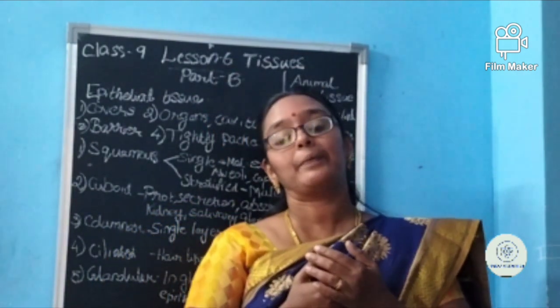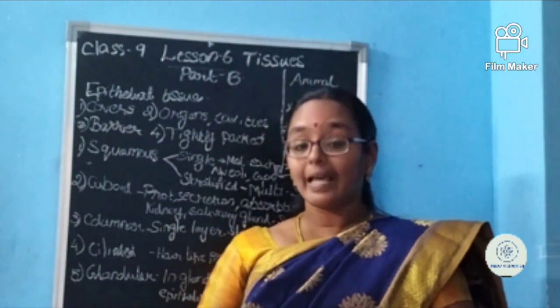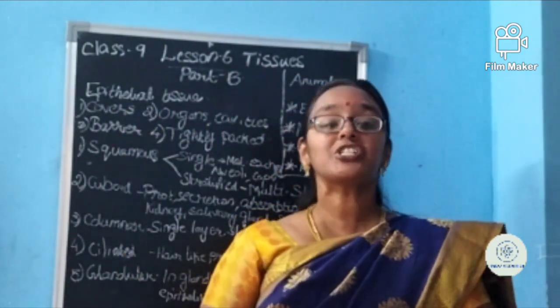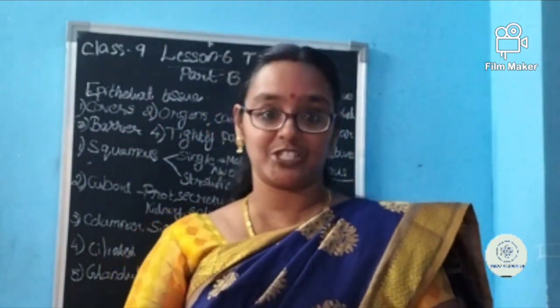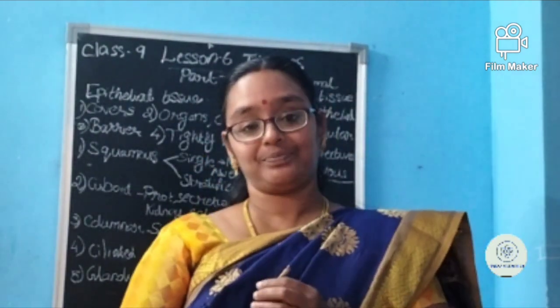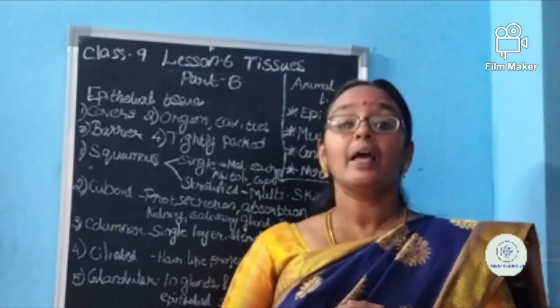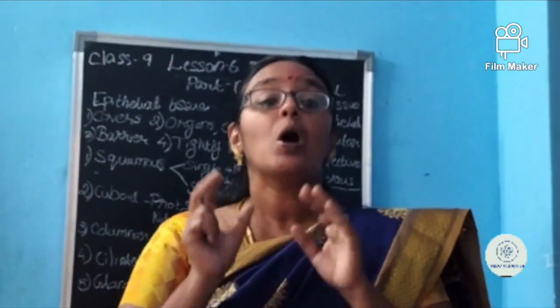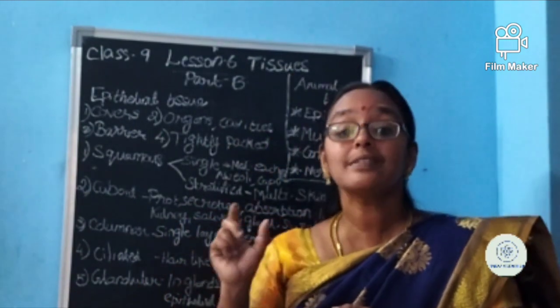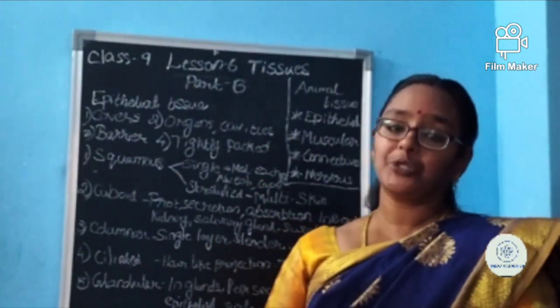Like that, there is a tissue called epithelial tissue in animals which protects the animal body, and also protects the organs and organ systems. This is the main function of epithelial tissue.